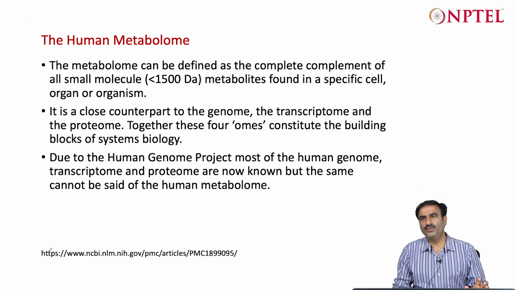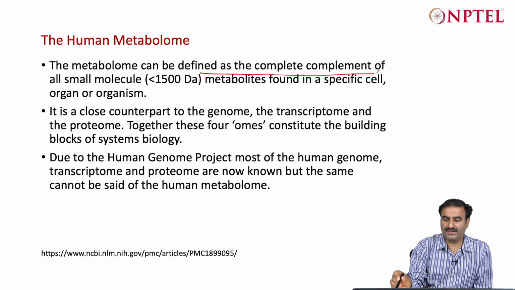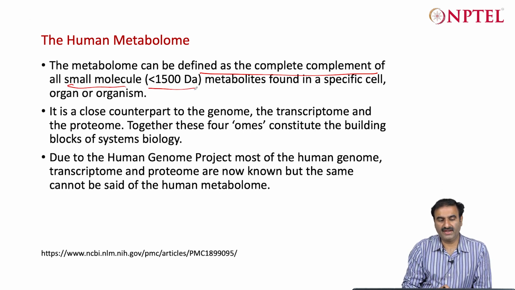To do this kind of analysis, first of all we have to understand what the metabolome is, where it is, and how it can be used. The metabolome can be defined as the complete complement of all small molecules less than 1500 daltons in a specific cell, organ, or organism.